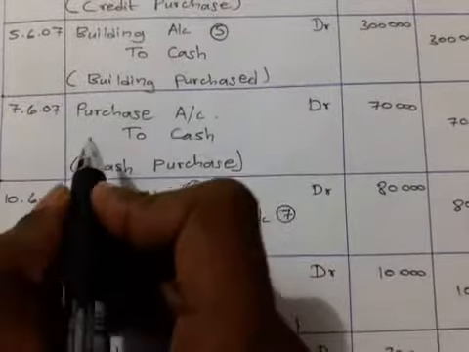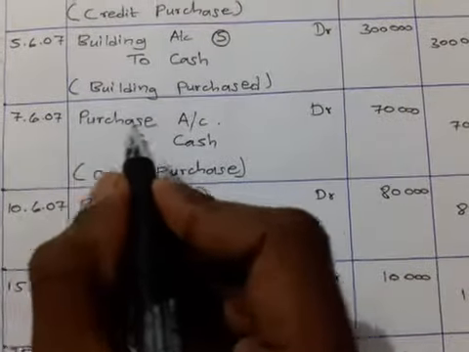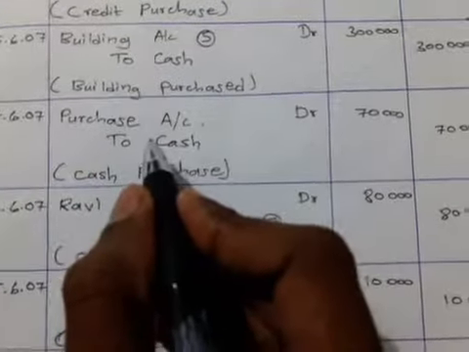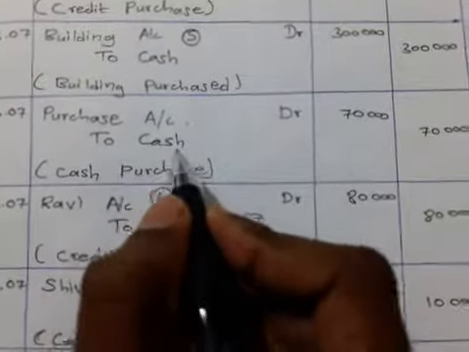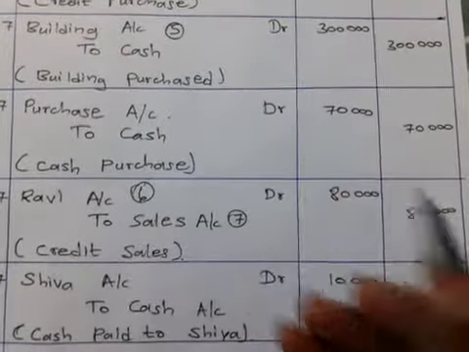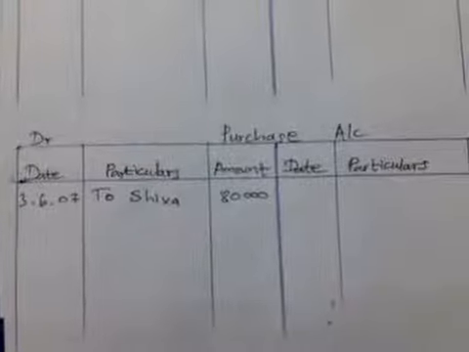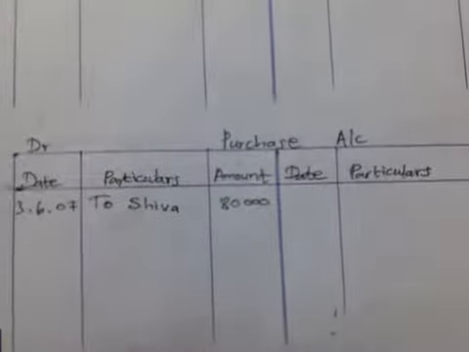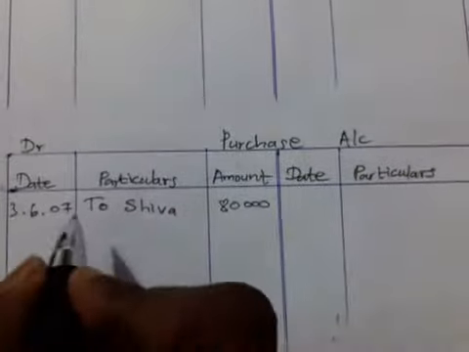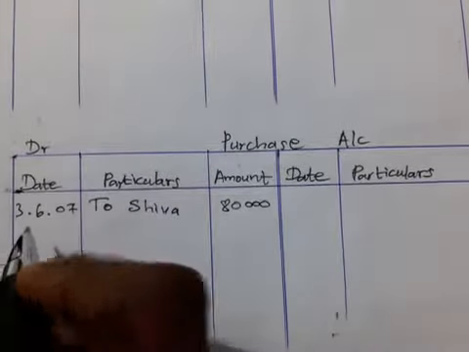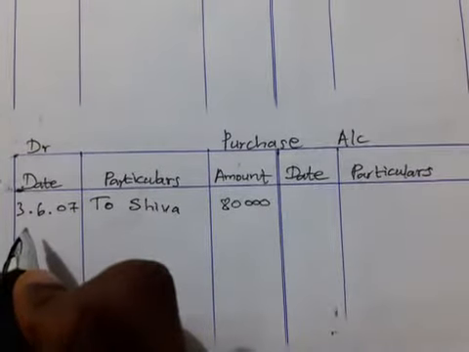The other entry is on 7th of June 2007, goods purchased for cash, 70,000. In the same way, the purchase is an expense type of account.